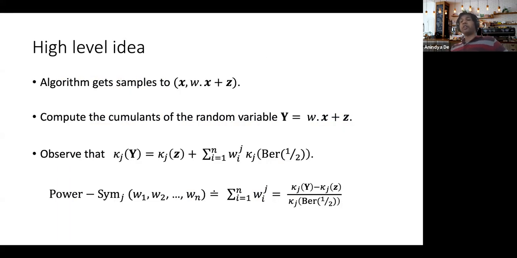So this equation only holds when j is even. It's not clear a priori, but you can calculate and show that all the even cumulants of the Bernoulli plus or minus half random variable are non-zero. So this holds for all even j greater than or equal to 2.